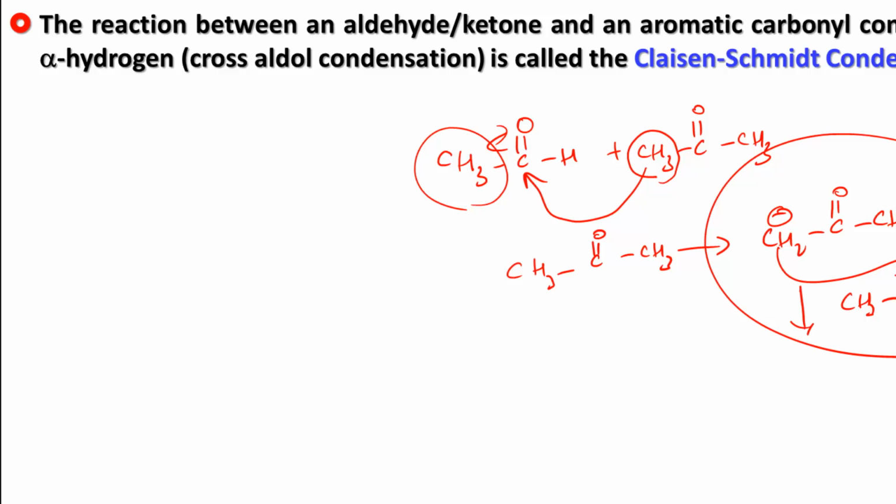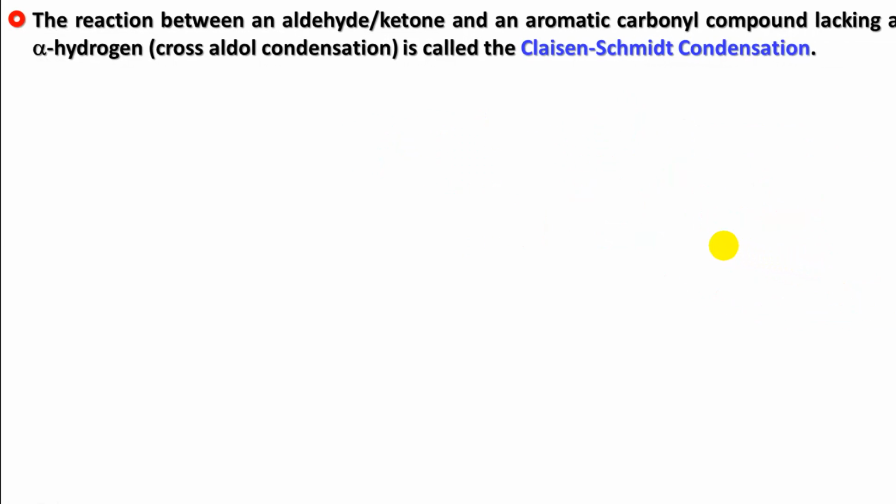And since the carbonyl carbon of the aldehyde is more electrophilic, the chance of it getting attacked is far more than the carbonyl carbon of the ketone getting attacked. And therefore, the final product, the major product, is the one in which the alpha H of the ketone is lost, and that carbon anion attacks the carbonyl carbon of the aldehyde.